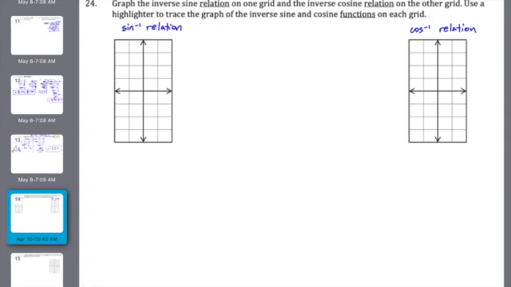So what I do is I actually turn my paper sideways and pretend I'm graphing sine. So I'm actually physically turning my iPad sideways when I do this. Since this is positive, this is actually 2 pi, this is pi, this is 0, this is negative pi, and then this is negative 2 pi.